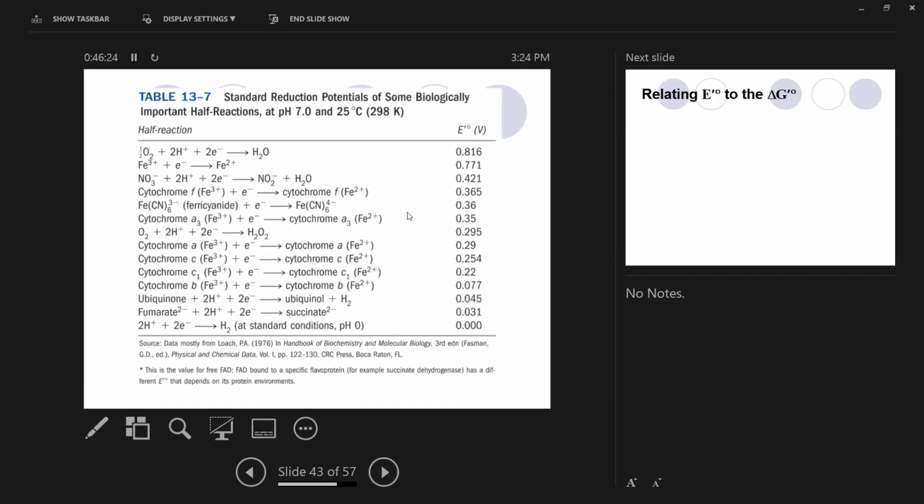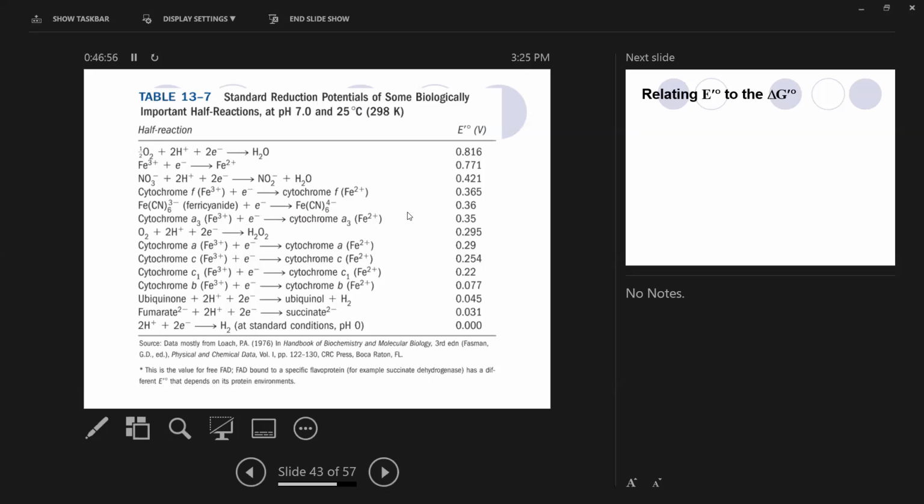So here's this nifty table I was talking about from your book. And you can see essentially, here's molecular oxygen. Oh, doggy, that is pretty positive. Then we get set at 0 hydrogen. Then we get all these other things involved in biology. And here's conversion of oxygen to hydrogen peroxide, and then various types of iron, nitrate, and so on and so forth.